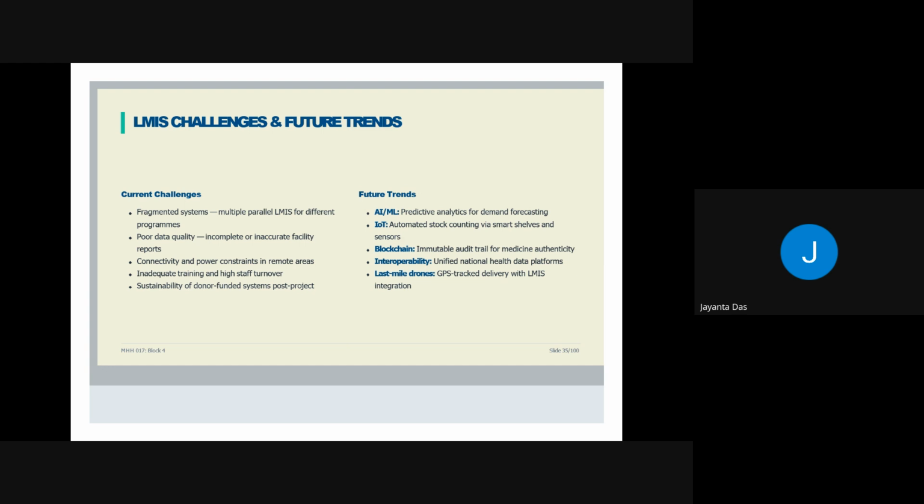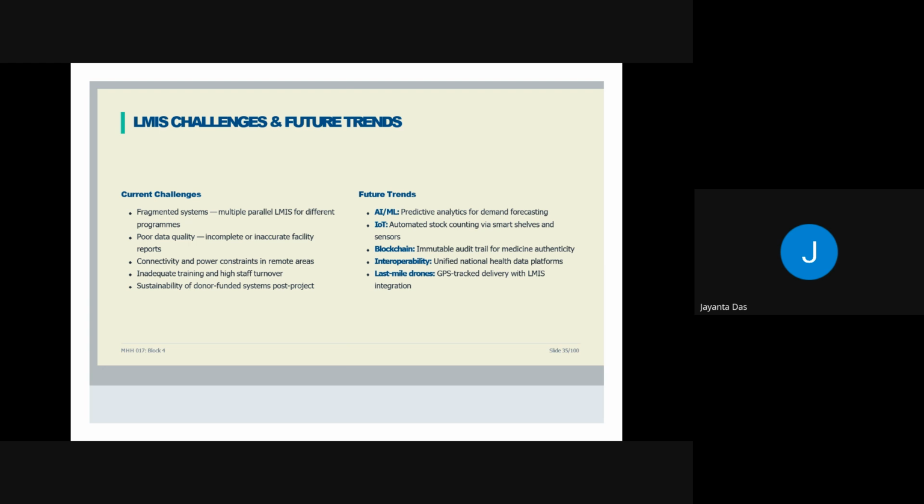So every system has its own challenges and problems, and so does LMIS. The challenges are fragmented systems, with multiple parallel LMIS for different programs, poor data quality, and incomplete and inaccurate facility reports.